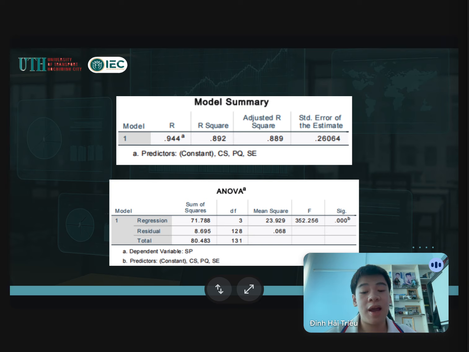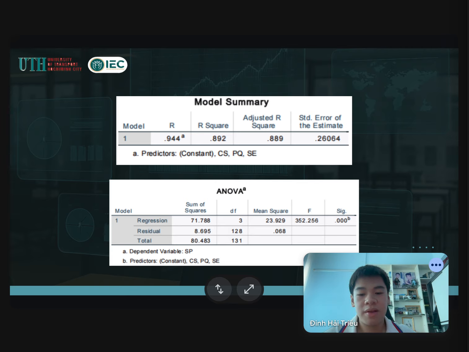Second, the reliability analysis demonstrates that almost all constructs have excellent internal consistency with Cronbach's alpha values above 0.9. Only the BC construct shows poor reliability because of its negative alpha value and should therefore be revised or excluded.